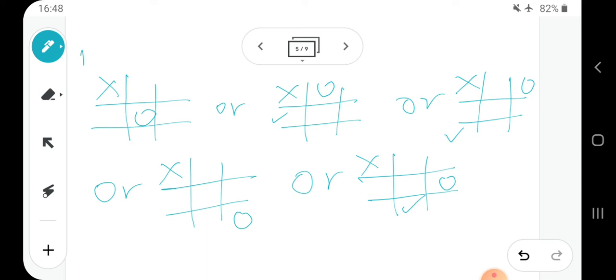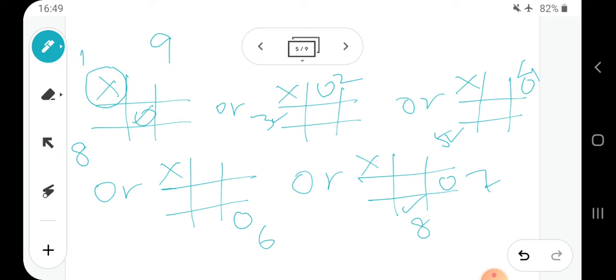Since we initially saw that there are 9 possibilities of marking altogether, but considering that cross has already marked one cell, we have 8 positions remaining. So this is 1, this is 2 and 3, this is 4 and 5, this is 6, this is 7 and 8.